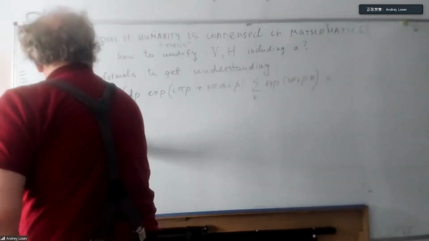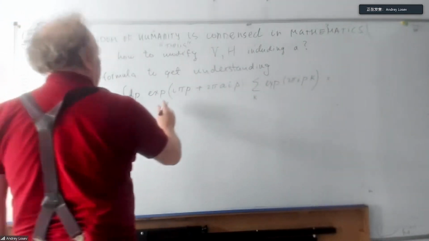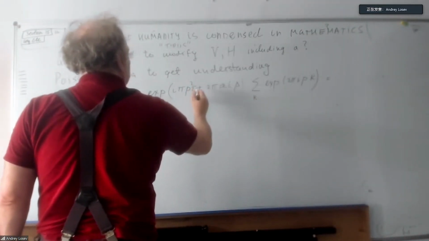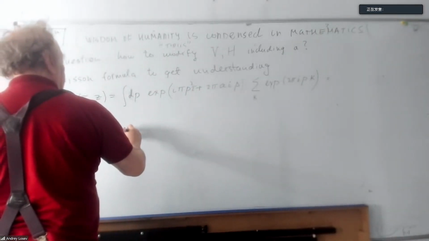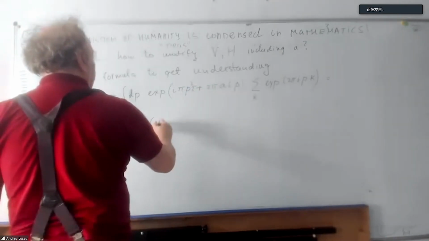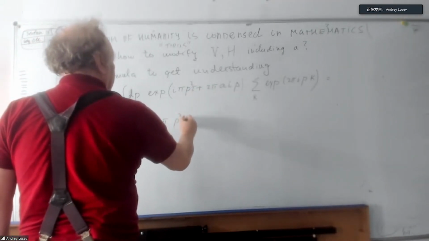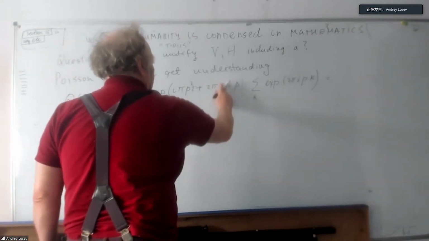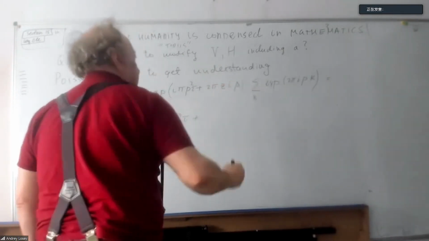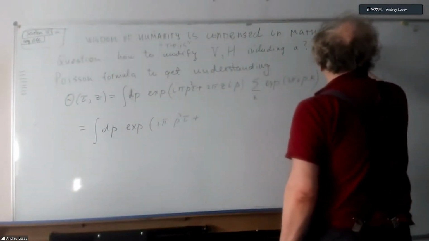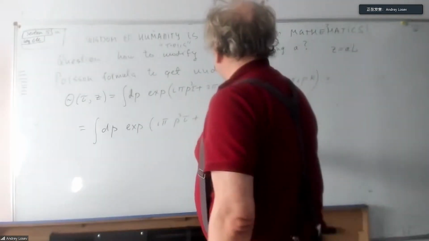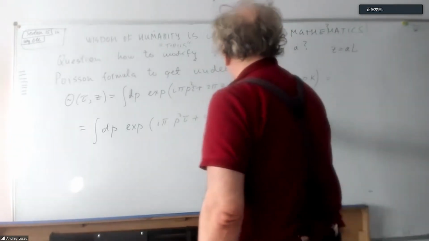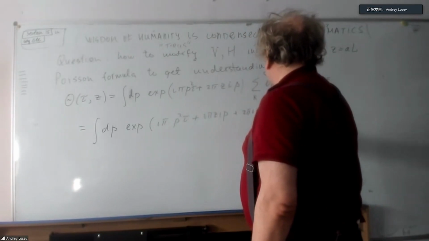It is integral over dp. I forgot something, and also tau. Exponential of i pi p squared tau plus, okay, sorry, no, not A, but z. So z is A L. Plus 2 pi i p k.